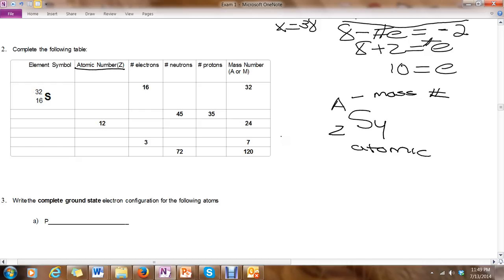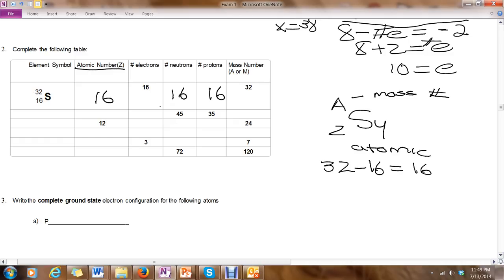Z. It's here, 16. Number of electrons, 16. Number of neutrons, well, 32 minus 16 gives me 16, and that's the number of neutrons. Number of protons is the same as atomic number. Don't forget, it's 16 and mass number 32.